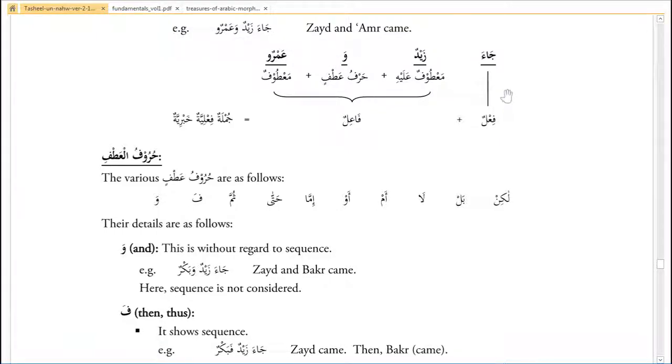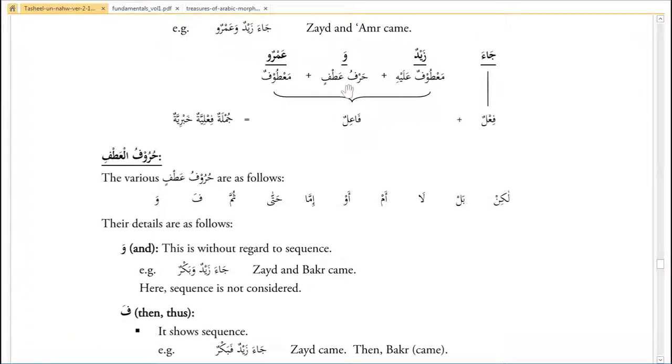If you look at the تركيب, جاء is فعل, زيد وعمر becomes فاعل because they are doing an action. So waw is حرف عطف and then زيد becomes معطوف عليه and عمر becomes معطوف and they all together become فاعل.